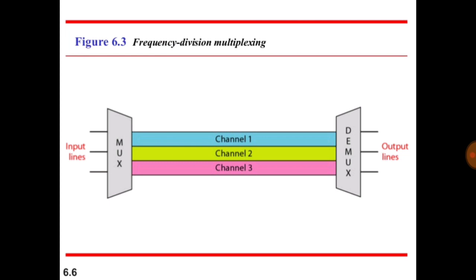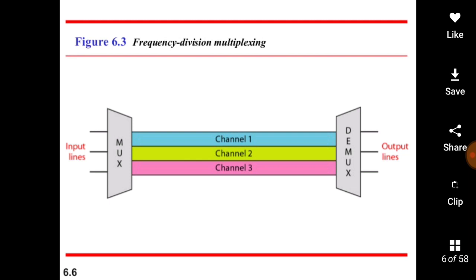The frequency division multiplexing method means we assign different frequencies to the different messages. For example, for the first message I will assign a 100 hertz frequency, and for the second message I assign a 200 hertz frequency.